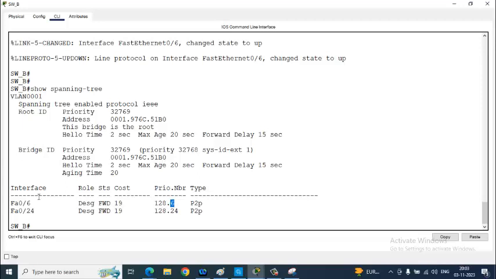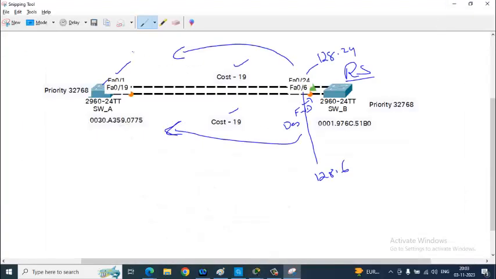For switch A, the incoming port cost is 128.24 here. Here it is 128.6, which is lower. Spanning tree likes this port because it is receiving the lower port cost.